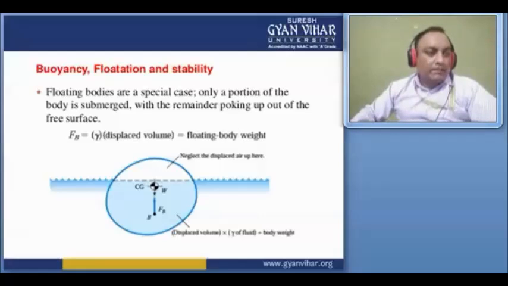Derivation of the metacentric height, and some other cases.